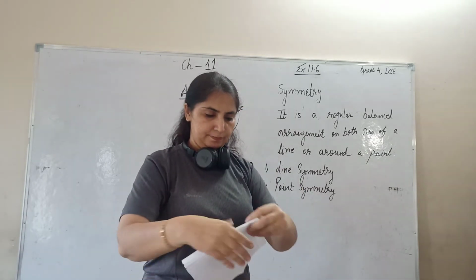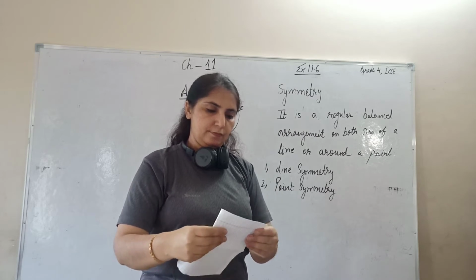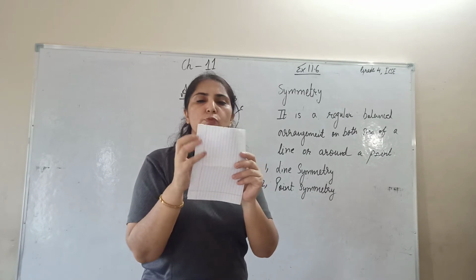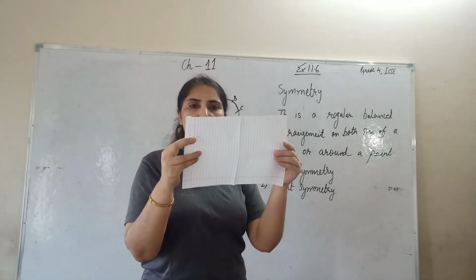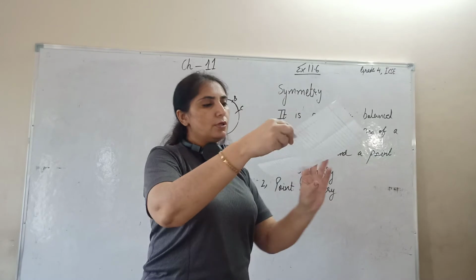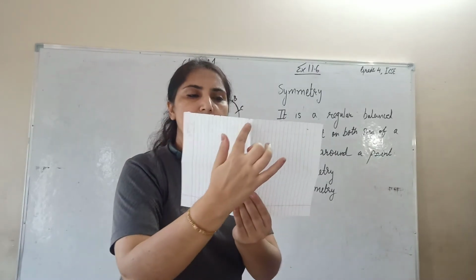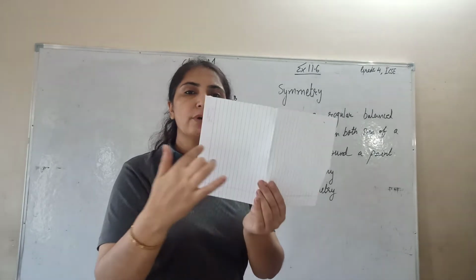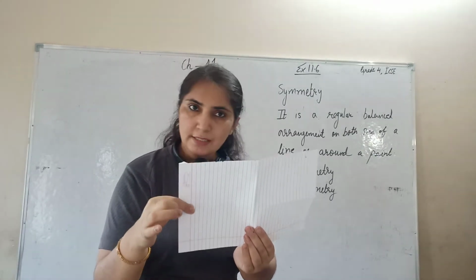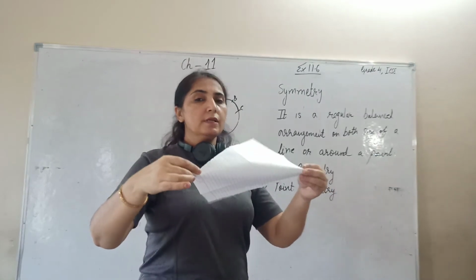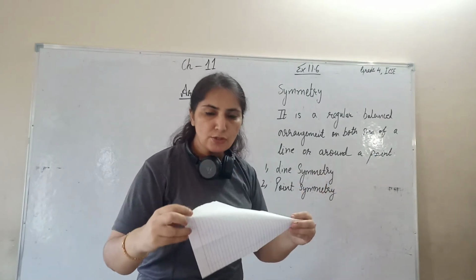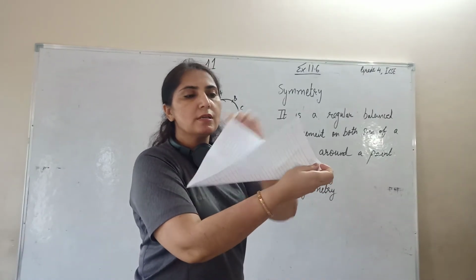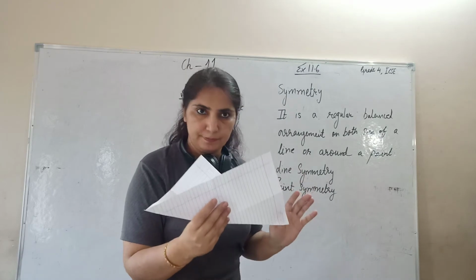Another way, this way, it can be folded in two parts. So now you can see there is a crease, vertical and horizontal, right? If I try to make it in two parts like this, I won't be able to, because these both parts are not equal.